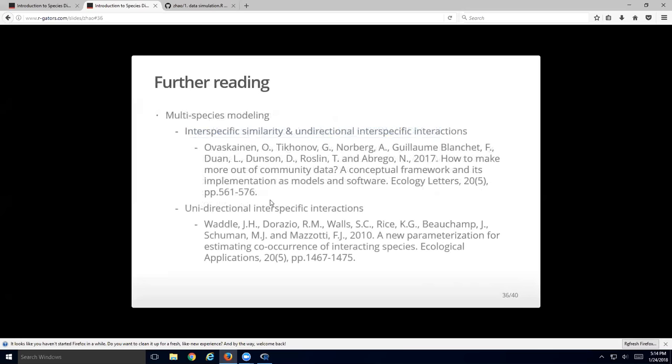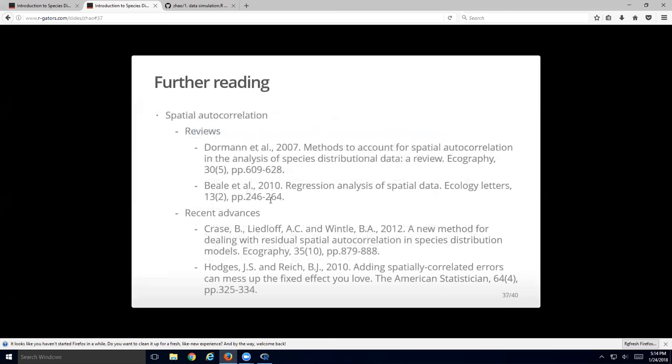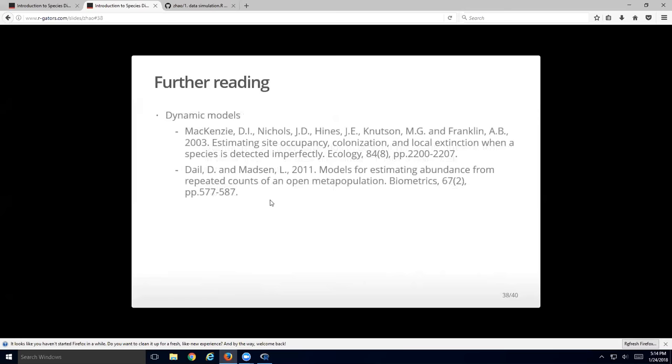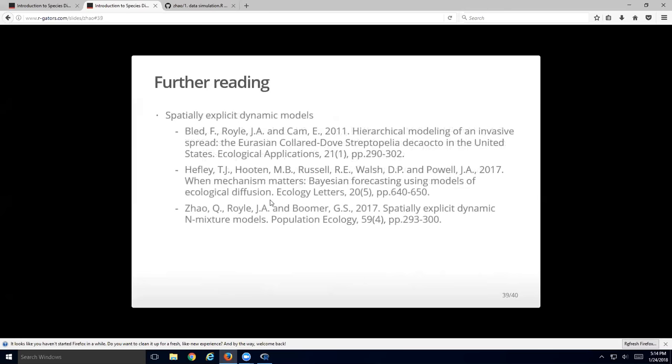So really, if you want to extend the model to include more species or to include spatial autocorrelation, and even some more advanced things like the dynamic, the temporal processes, and also even the spatially explicit dynamic models, the non-parametric approaches are not very flexible to make those extensions.